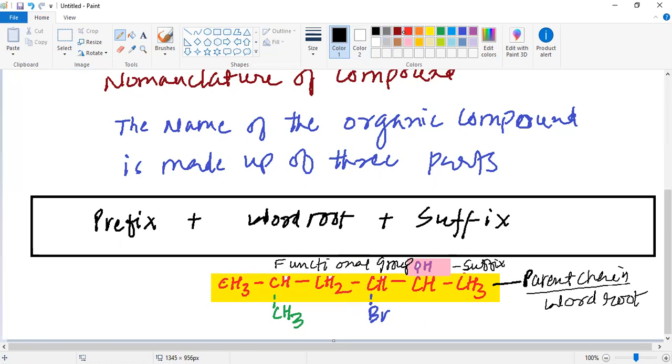And then, my dear students, these two parts are known as branches, or this is what we can call a less prior functional group.